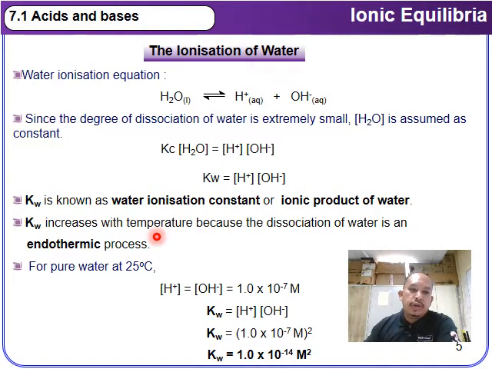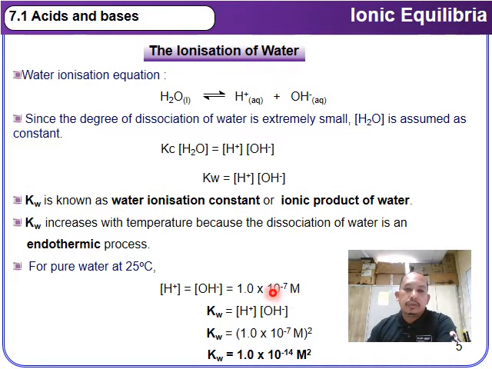This Kw value will increase with temperature because the dissociation of water is an endothermic process. For example, for pure water at 25 degrees Celsius, the concentration of the H+ ion and the concentration of the OH- ion are both 1 × 10^-7 molarity.